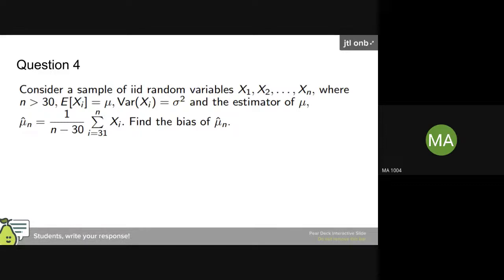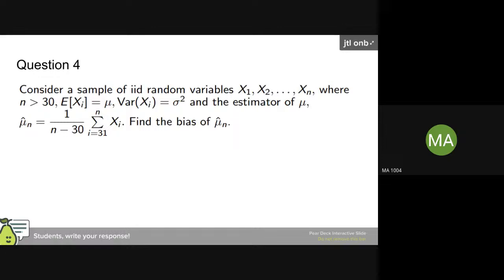Okay. Last minute. Yeah, that is what you should do, Abhishek. So bias is basically the expectation of mu n hat.